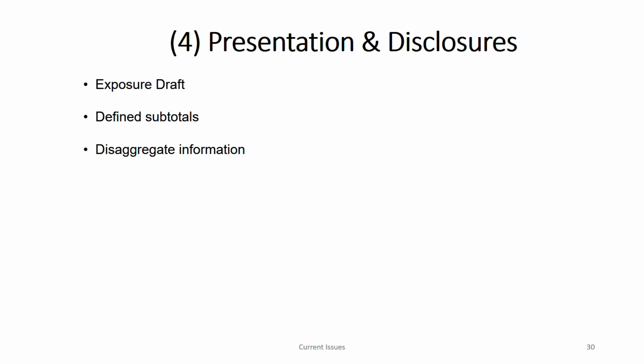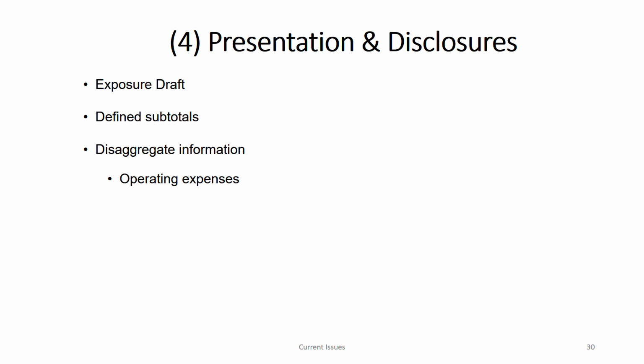Then disaggregate information. How do you disaggregate information? There are ways of aggregating, and when you have to disaggregate, when you have to aggregate. It's very important when you're presenting. So these are three areas where you are going to disaggregate information, separate information, make it more detailed.